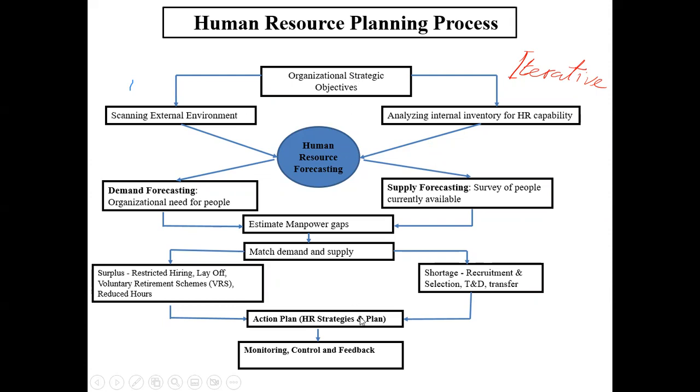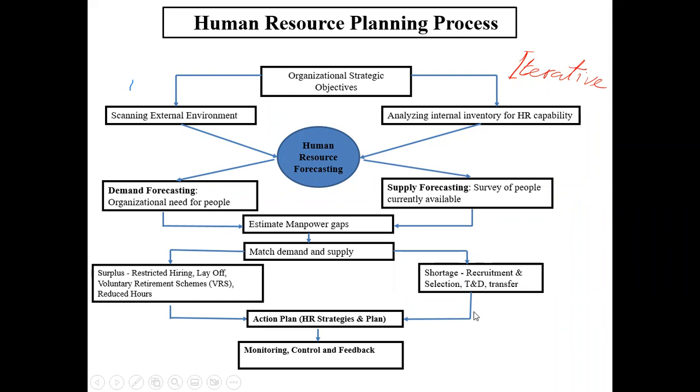So if initially you thought transfer was going to solve the problem, and you transfer some key people to the new campus, and you realize that the place they left is also experiencing some challenges, this means that transfer will not address the problem permanently. So quickly, you have to recruit people and train them to fit the vacuums that have been created.